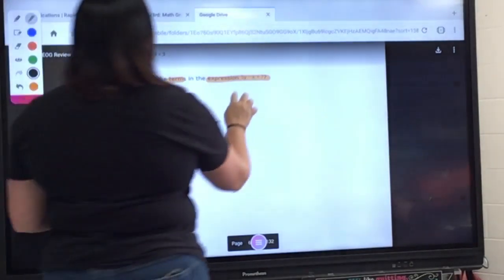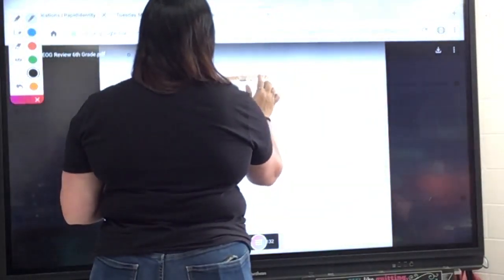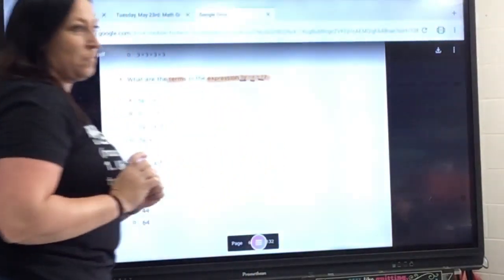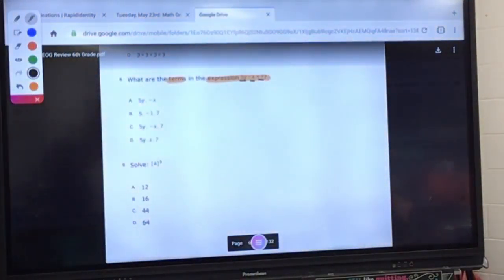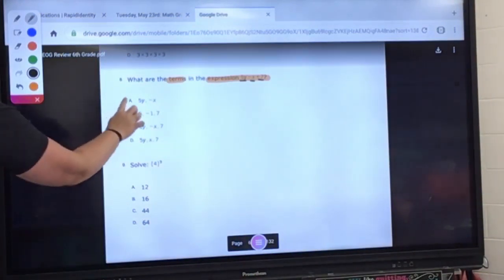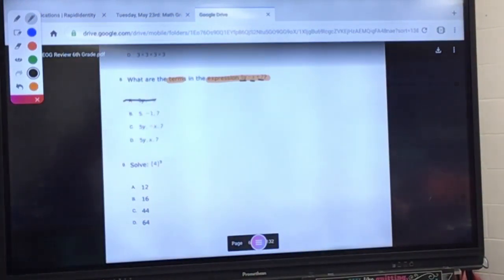So technically, you have 5y, this one, and this one. All right? We can get rid of A, why? Why can we get rid of A? Emma? Because it only has 2. Only has 2. All right, the rest of them all have 3. So this is where it gets a little bit tricky. So B has 5 minus 1, 7.